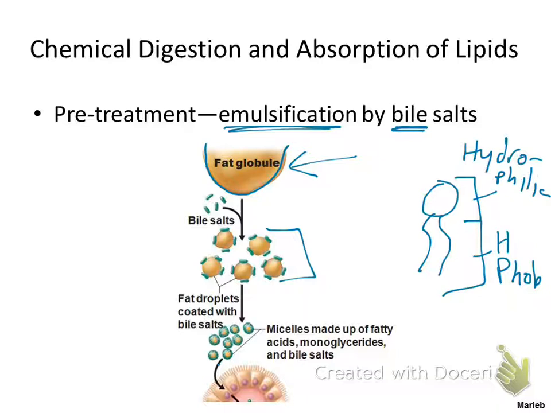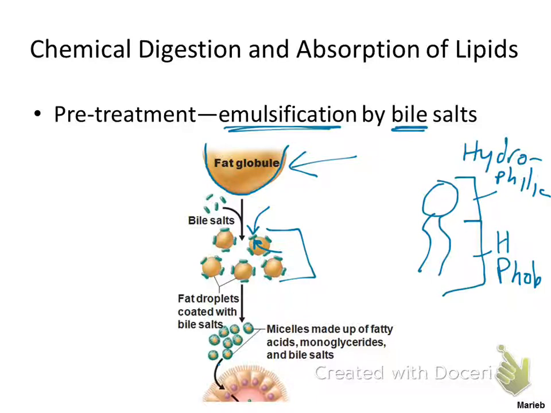So the bile salts are also going to have a side that's hydrophilic as well as a side that's hydrophobic. And because they like to interact with both fats and water-based things, they're able to separate off little pieces of our big fat globule.